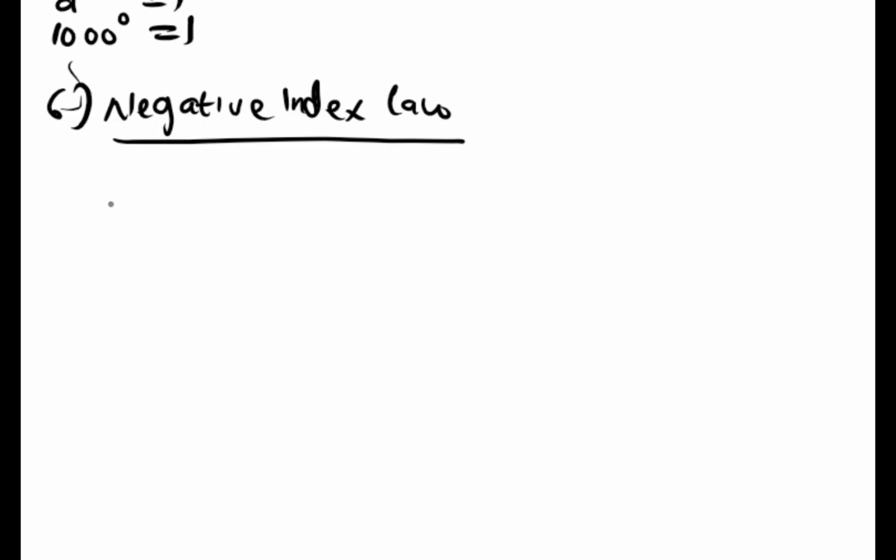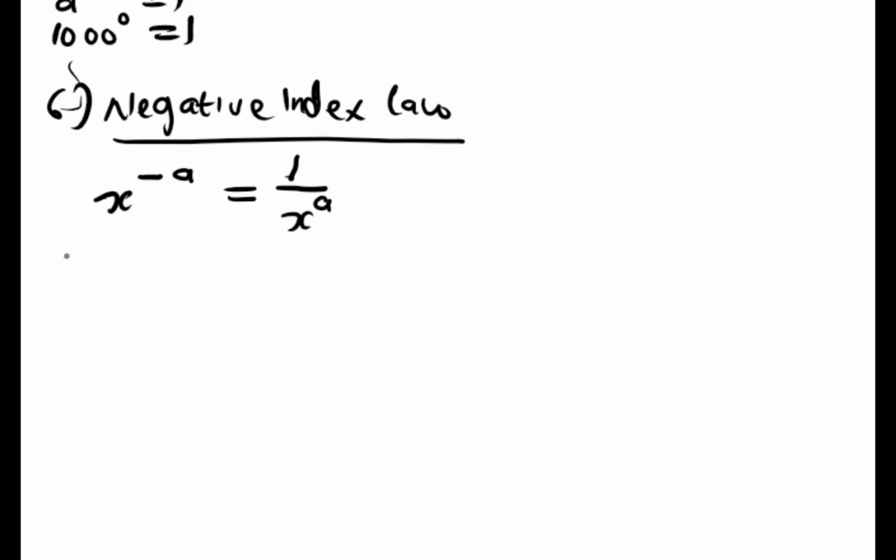So when you have x raised to the power of minus a, this minus is the same as 1 over. Then you bring every other thing down. So we have 1 over x raised to the power of a.